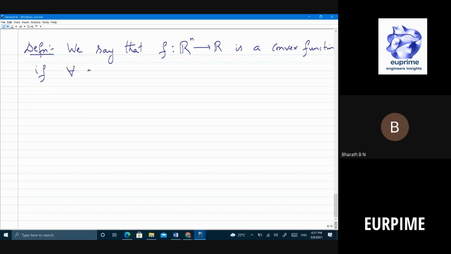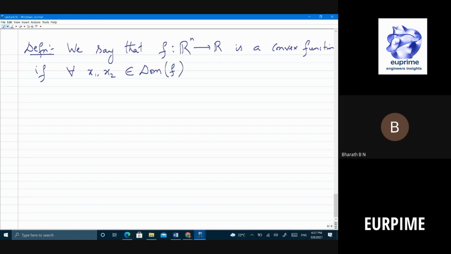So for every x1, x2, okay, I'm going to use a notation now, okay? So I'm going to use the domain of f. That means all those points over which f is defined, okay?